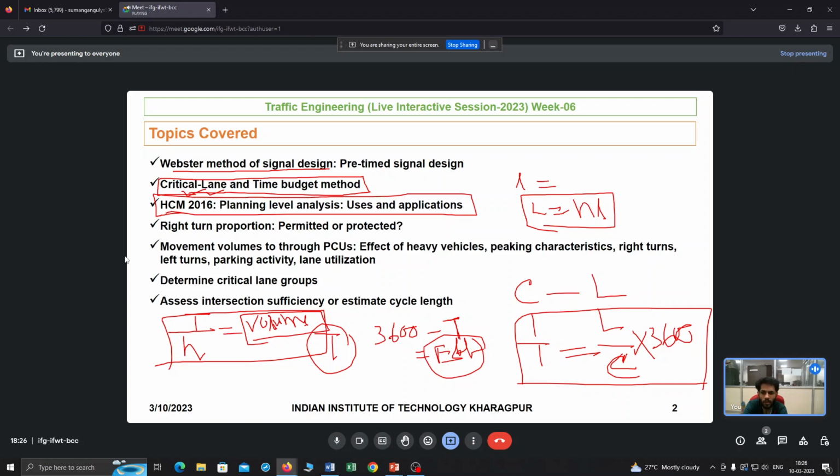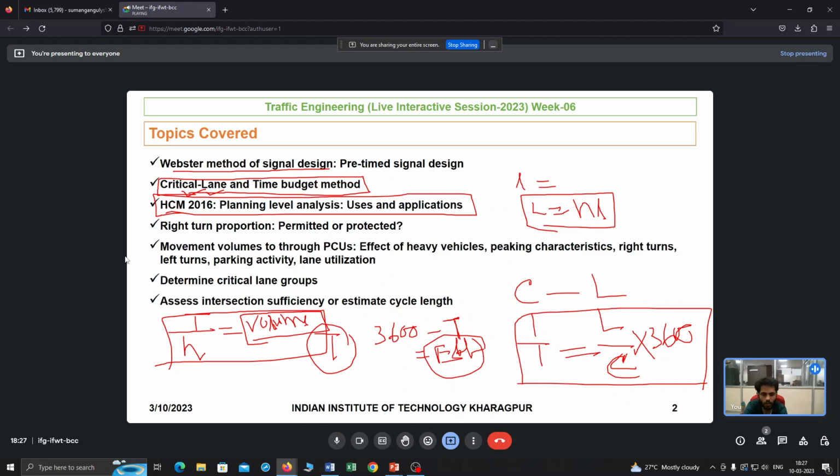Then the right turns and left turns. Generally our turning volumes take more time to cross the intersection, right? So suppose there are scenarios where the traffic volumes are almost the same, but in one scenario there are more turning movements.